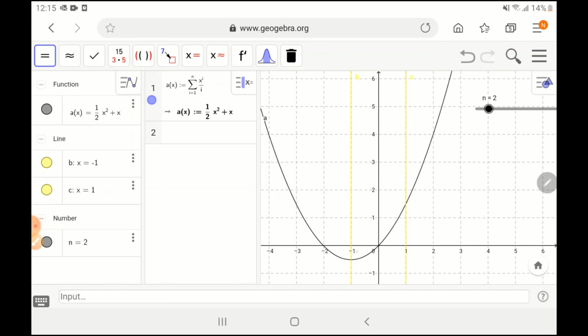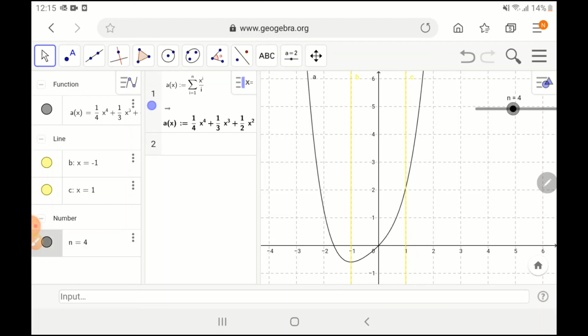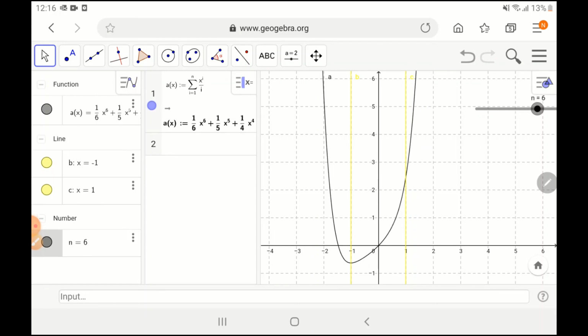Okay, we know it will be convergent from -1 to 1. So if we change our n, we see that the series will always converge. You see that the series will always be monotone and bounded, and the value goes to a certain value.